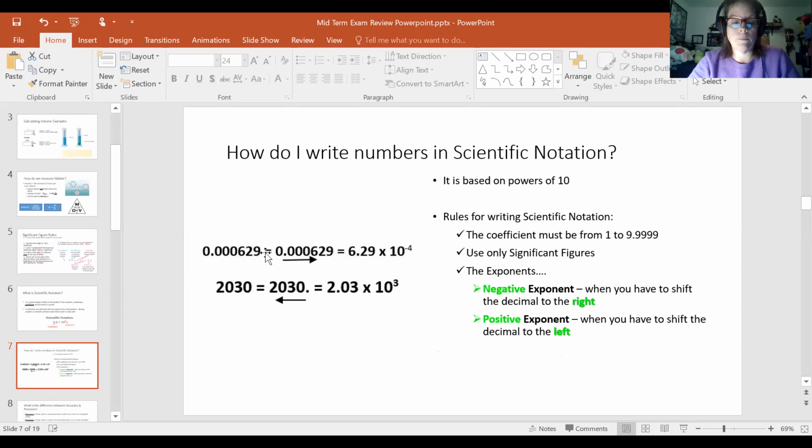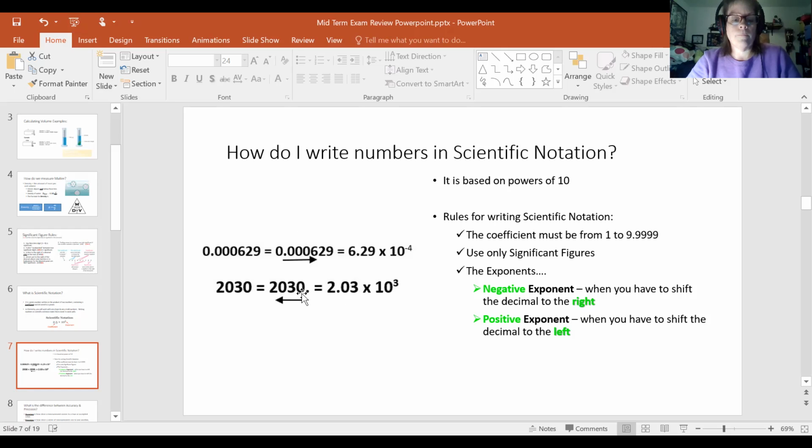Wherever your decimal point happens to be, like for this number, you're moving it this way to create a number that's between 1 and 9.99, so 6.29. And you have to count the number of times you move that decimal. For this one, we had to move it the opposite direction to create that coefficient between 1 and 9.99.